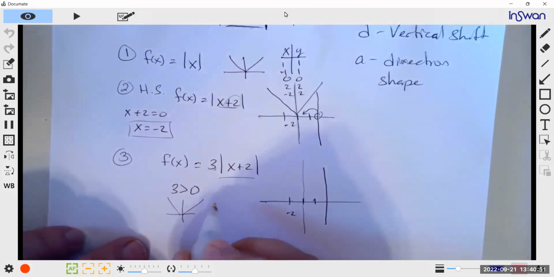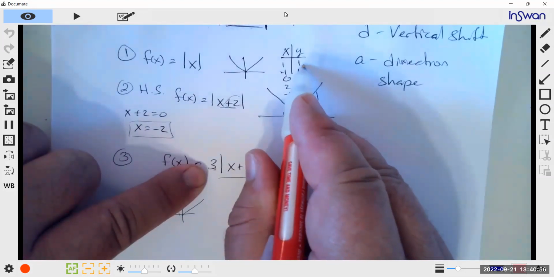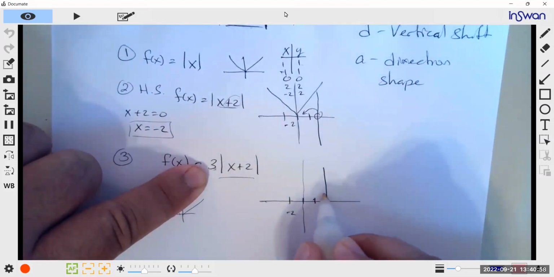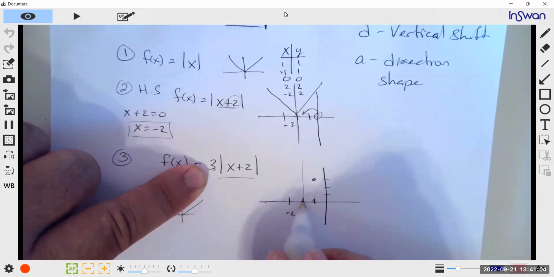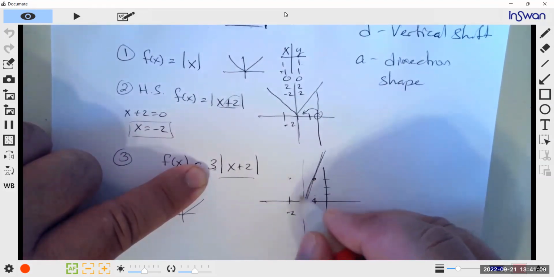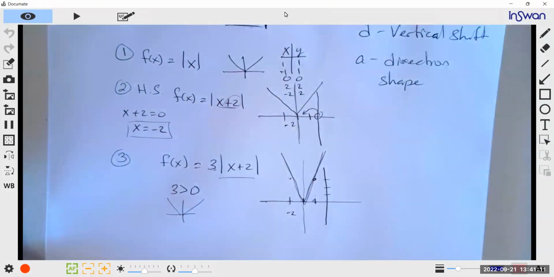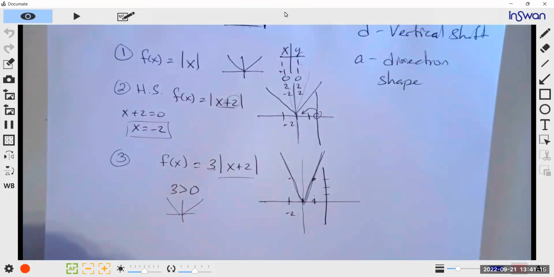So originally, when x was 1, y used to be 1, but now it's 3. So instead of over 1, up 1, it's over 1, up 3. Left 1, up 3. So now this graph is a lot more steep. It grows 3 times as fast.